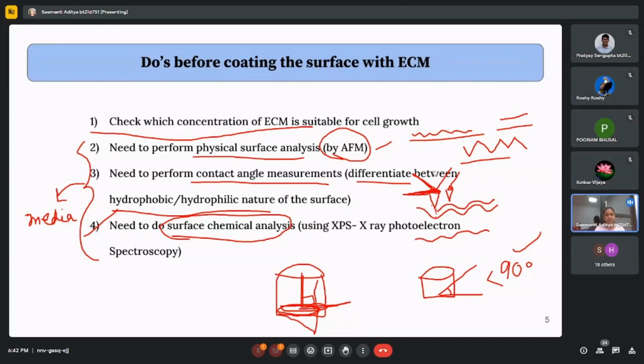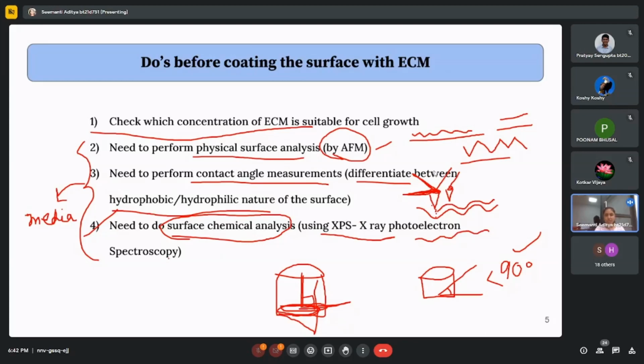So depending upon whether you're using carbon-based ECM, silica-based ECM, or nitrogen-based ECM, the technique is XPS, which means X-ray photoelectron spectroscopy.